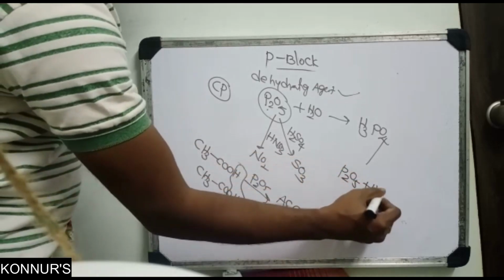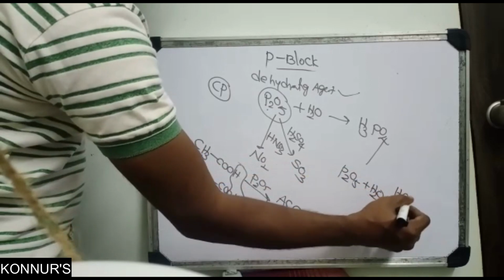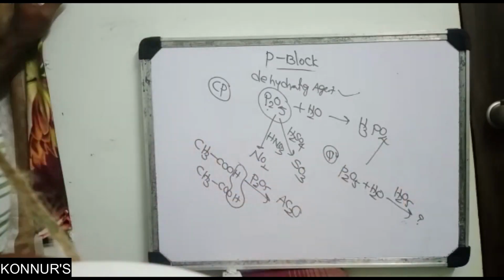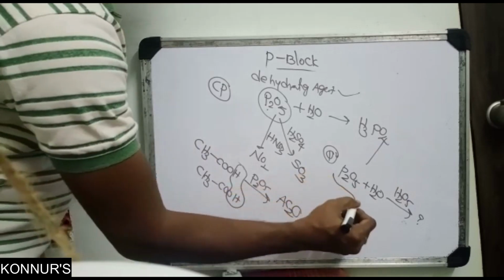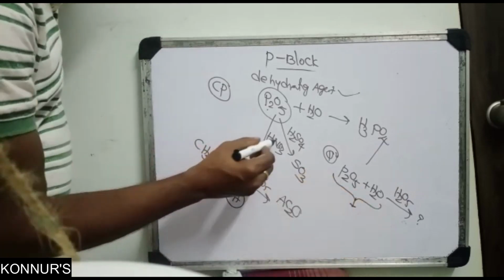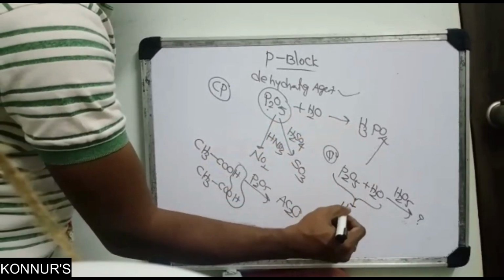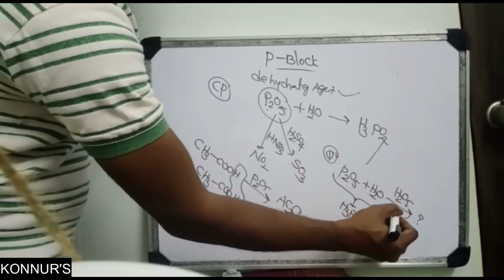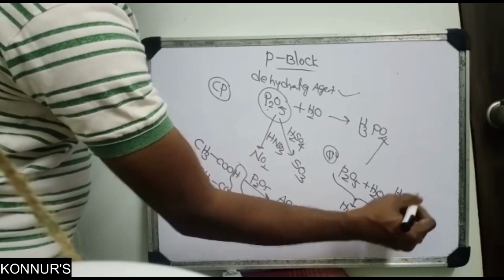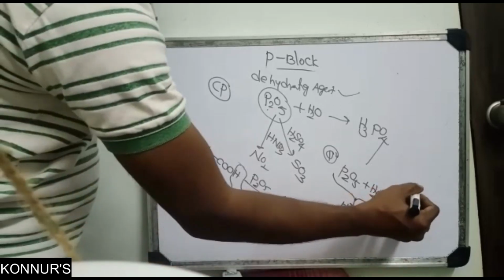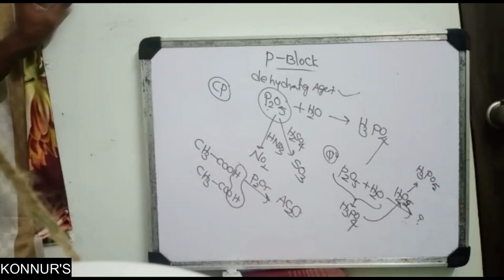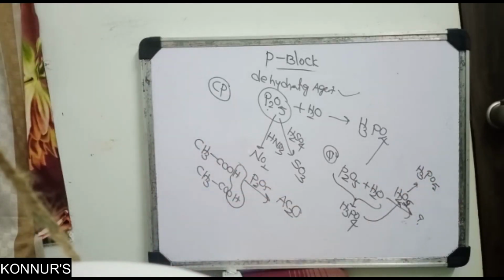Suppose P2O5 is treated with water in the presence of hydrogen peroxide. What will be the answer? P2O5 reacts with water and gives H3PO4. Now with H2O2, hydrogen peroxide, you will get H3PO5, peroxyphosphoric acid, a logical extension.